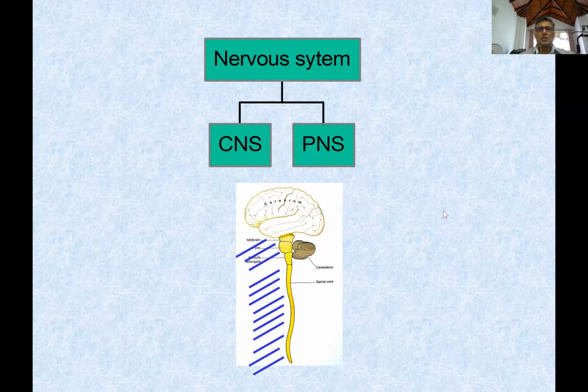In our discussions, we like to classify the nervous system as the central nervous system and the peripheral nervous system. The central nervous system includes the brain and the spinal cord, which are in the center, and are the main part of the nervous system. The peripheral nervous system includes 12 pairs of cranial nerves and 31 pairs of spinal nerves. So we discussed all that.